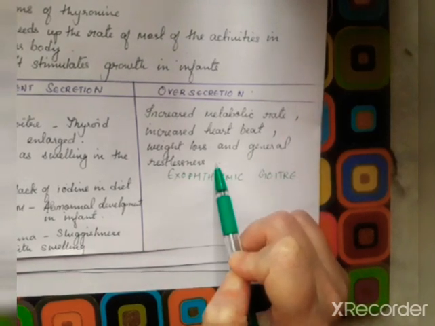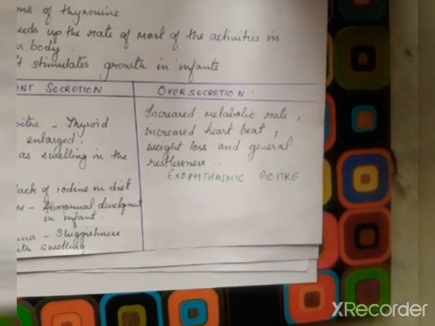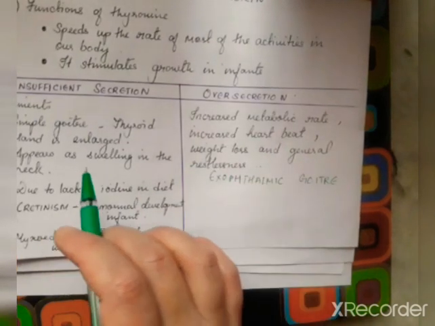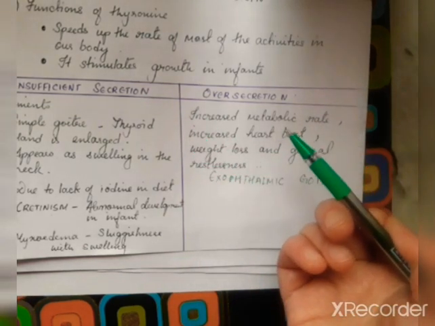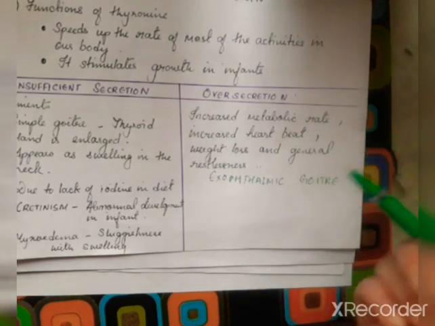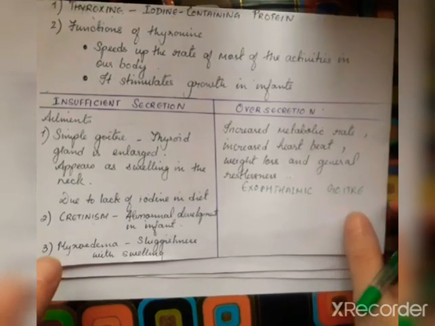That's why we say these hormones are very important for our body, and they should be present in our body in such an amount that helps the body to do the activities properly. Insufficient secretion causes some ailments, and if there is over secretion of hormones also, there will be some abnormal activities going on inside.